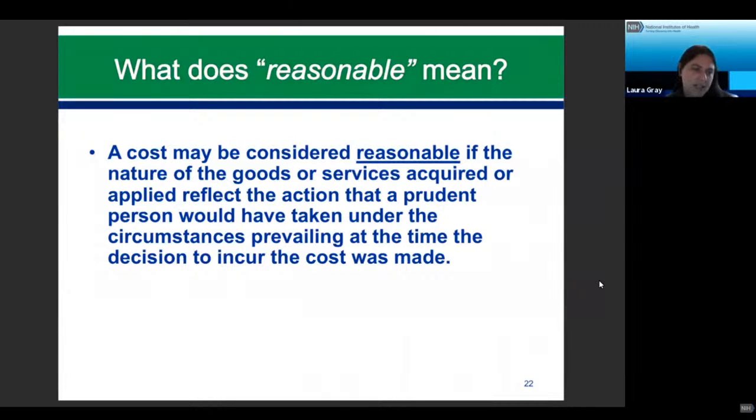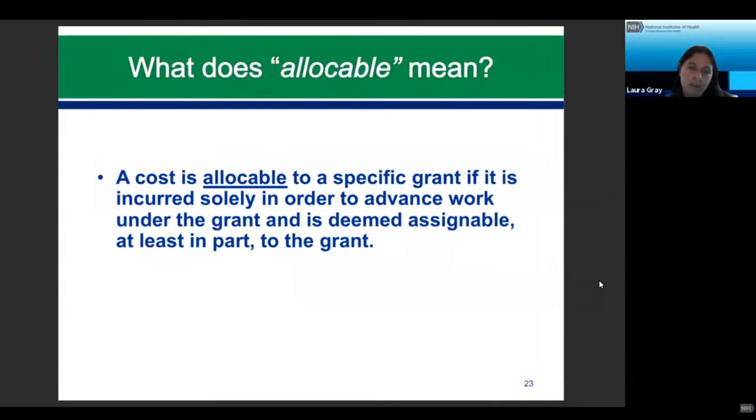So the next test of allowability is allocability. In allocability, you have to consider if things are benefiting that particular project. So for instance, you have to ask yourself, is this cost benefiting this National Cancer Institute award?